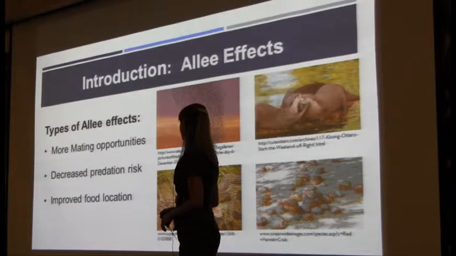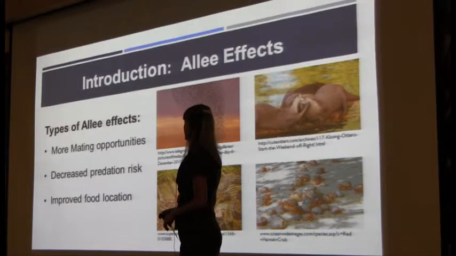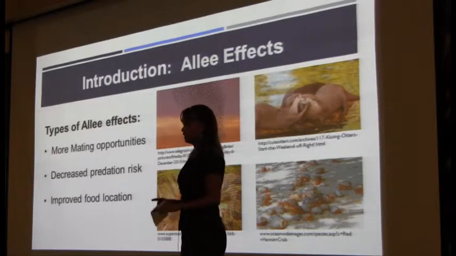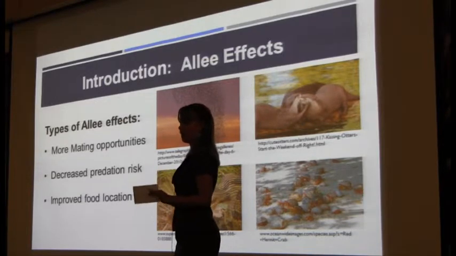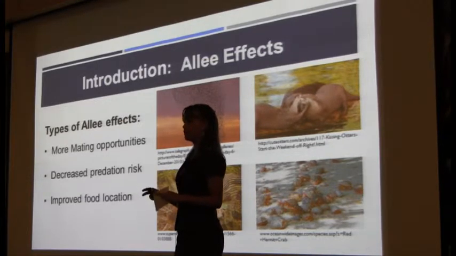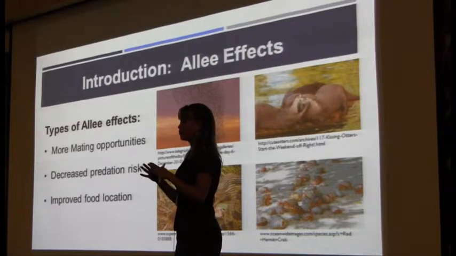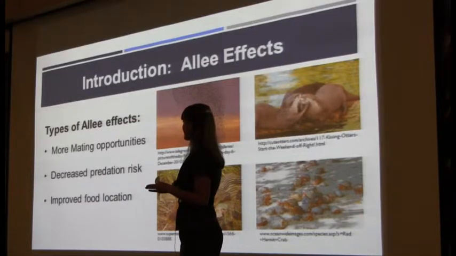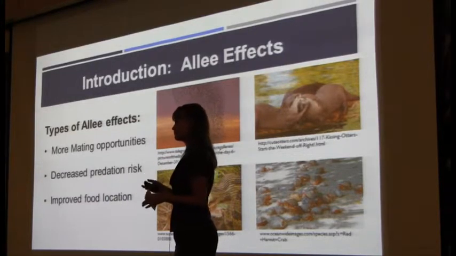And then you have improved food location. For example, hermit crabs forage individually, they spread out, but then once they find the food source, they all group around the food source. So when they pass by the food source, it's visible to others.